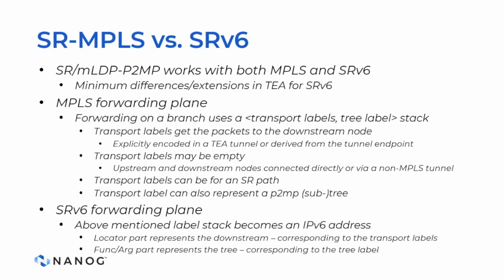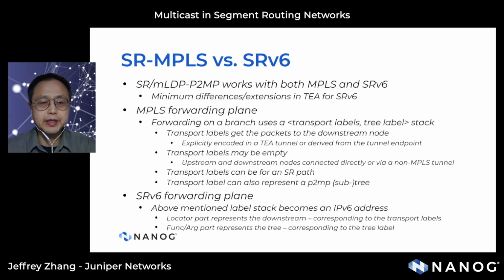And then in case of SRv6 forwarding plane, the above mentioned label stack will become an IPv6 address. Remember that in the SRv6 forwarding plane, an IPv6 address is now divided into a locator ID part followed by the function and argument part. So in this case, the locator ID part will represent the downstream node corresponding to the transport labels.